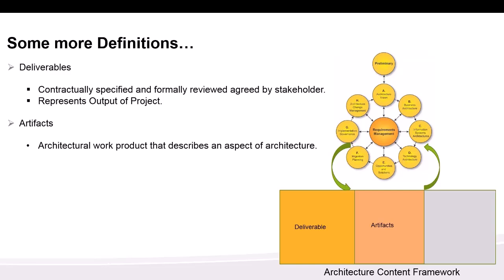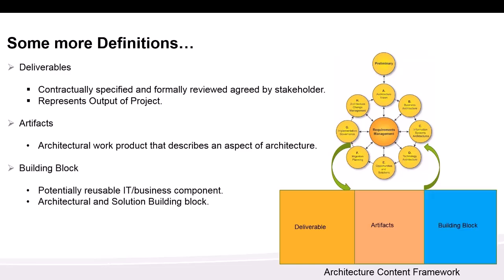Next is artifact. An artifact is an architecture work product that describes an aspect of the architecture. Typical examples are catalogs like lists of things, requirement catalog, matrices, diagrams, use case diagrams, business diagrams, and so on. An architectural deliverable may contain many artifacts. An artifact is a work product diagram which goes into a deliverable.